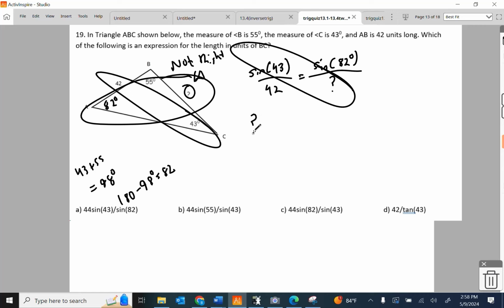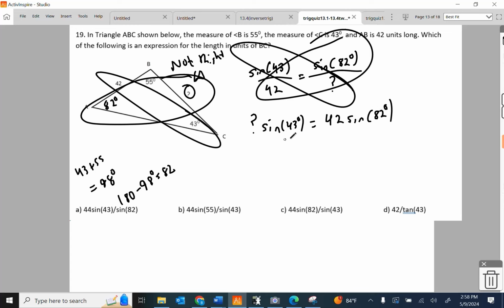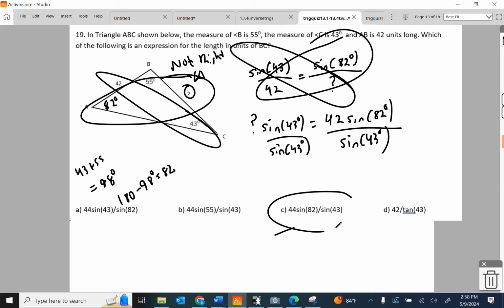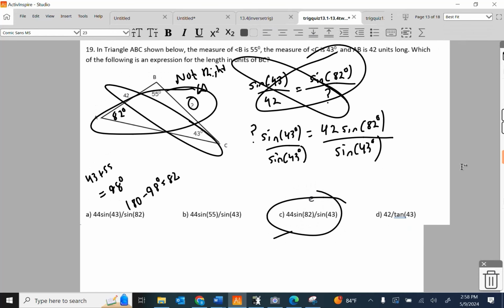Question mark times sine of 43 degrees is equal to 42 times sine of 82 degrees. And then I divide out the sine of 43 to get that question mark. So I'm looking for 42 sine 82 over the sine of 43, choice C. And I am moving forward.